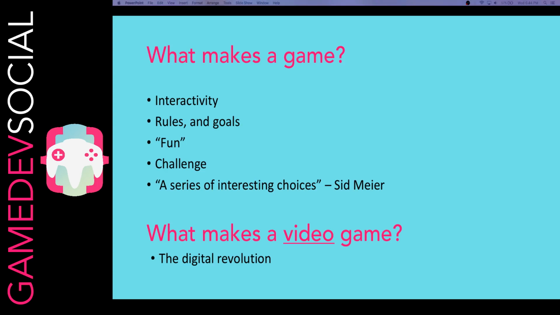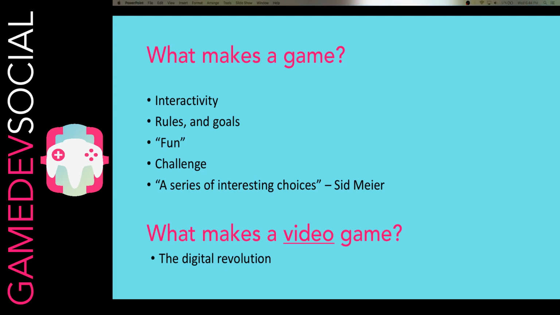Like an assignment. There's a very famous quote by Sid Meier, who made the Civilization games, that fun in games is a series of interesting choices. That's basically what it boils down to, according to him. Every time you interact with the game, you have a new interesting choice to make.